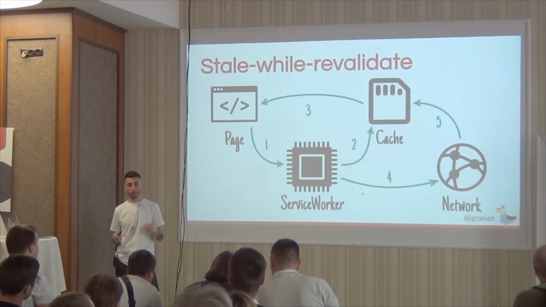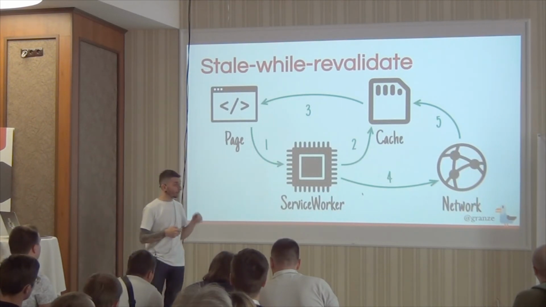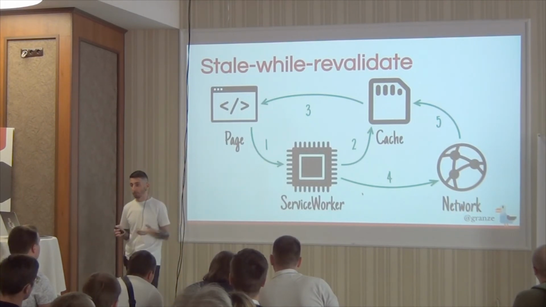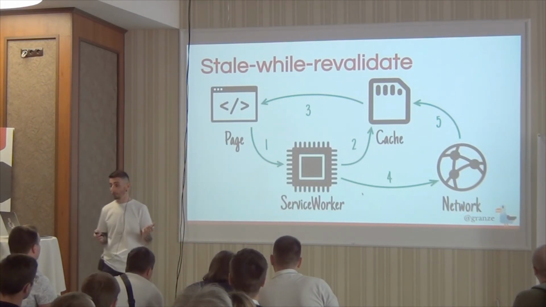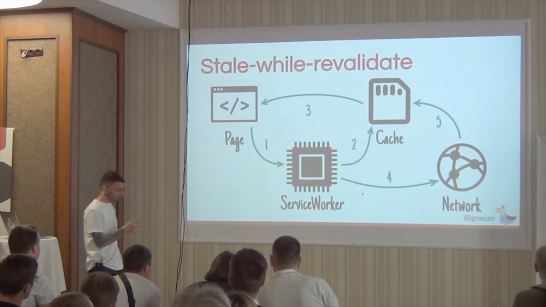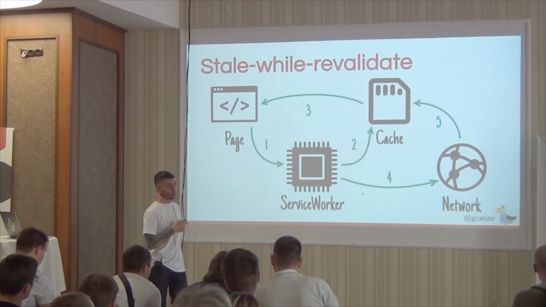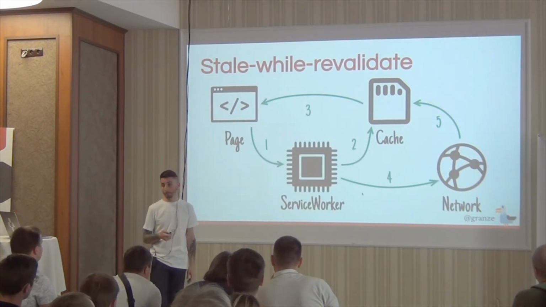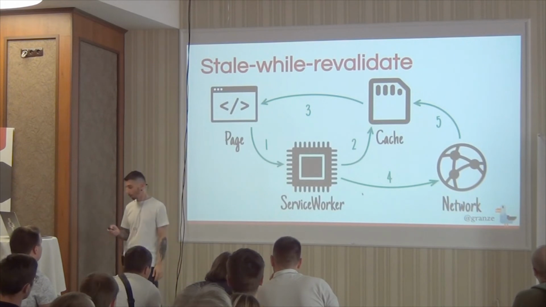This means that every new cache will have a new name, and you have to delete the oldest one, also because all the devices have a certain amount of capacity. So you want to delete the old stuff the user doesn't need anymore. And you have to do this manually, if you don't use Workbox, of course.